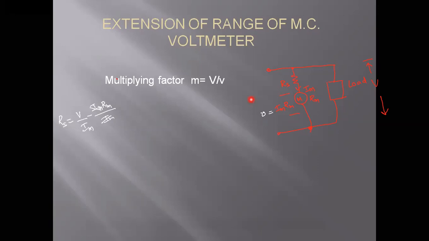Multiplying factor M is equal to V by v. What is capital V? It is the voltage to be measured. Small v is the voltage across the meter.